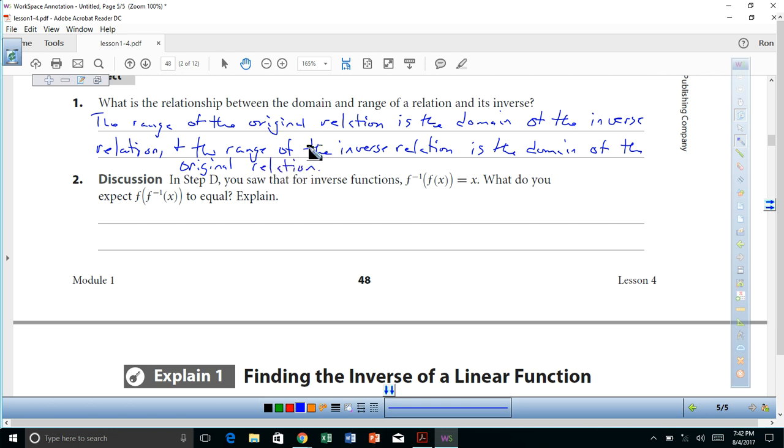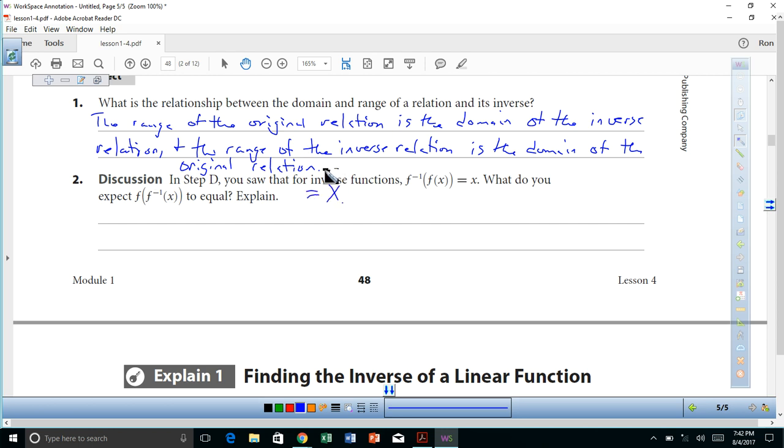In step D, you saw that for the inverse function, the inverse of f of x equals x. What do you expect f of the inverse of f of x to equal? Explain. It should also equal x.